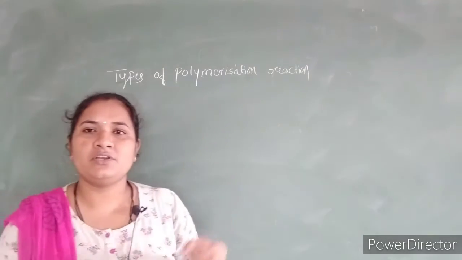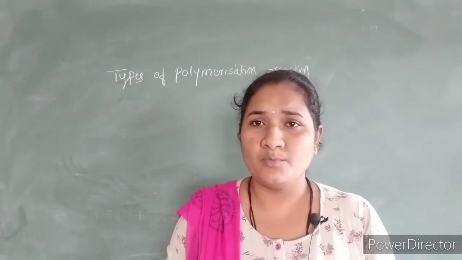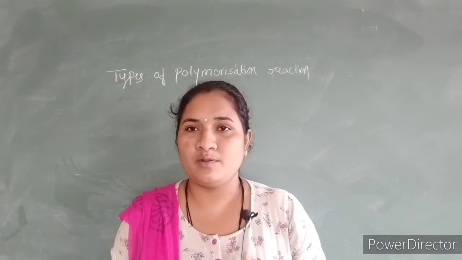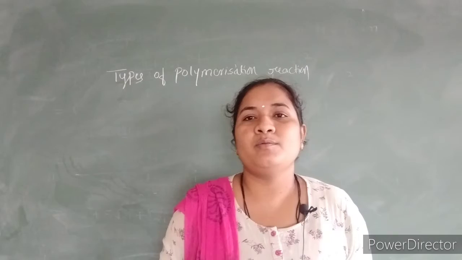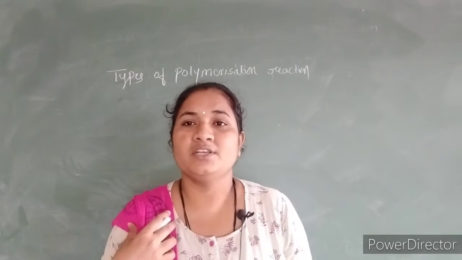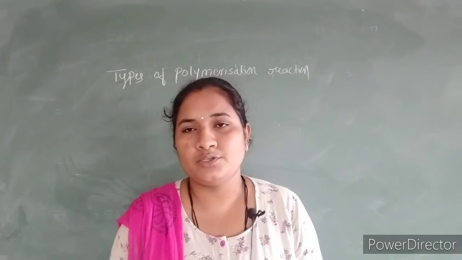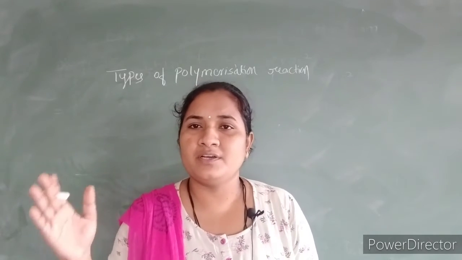We already know that in addition polymerization, the monomer, the repeated structural unit, must contain a double bond or a triple bond. It may be the same or different. Two different monomers are able to combine, and the same monomer can also combine, to give the polymer.